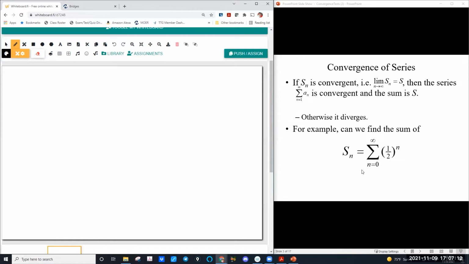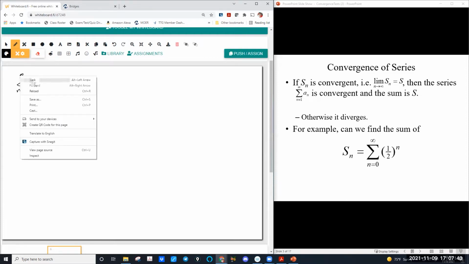So let's start off with this series from our other page. The first thing you're going to want to do when you get a series is to determine what kind of series it is, or at least what kind of series it looks like. When the general term is given by an exponential function, we have a geometric series. So first off, we want to decide if this thing converges or diverges.